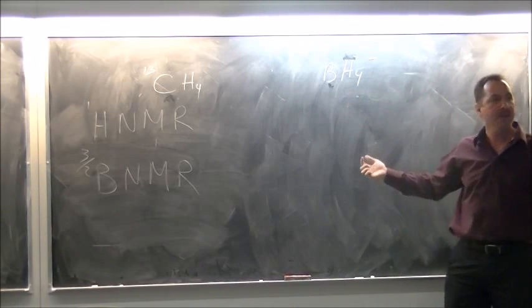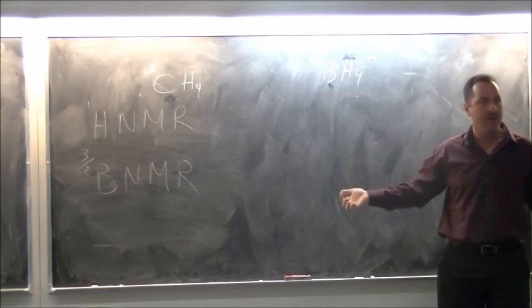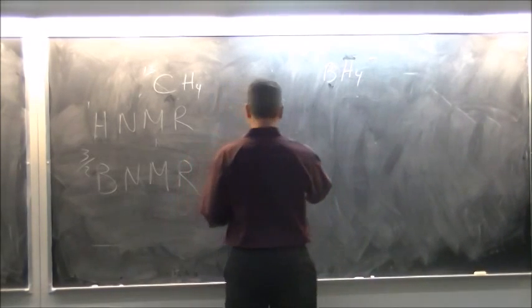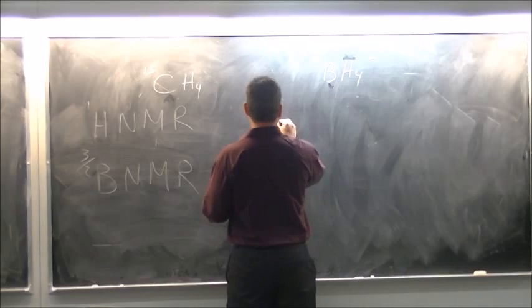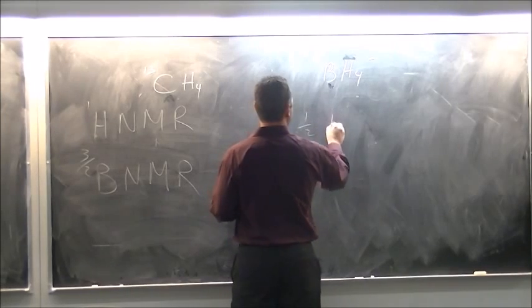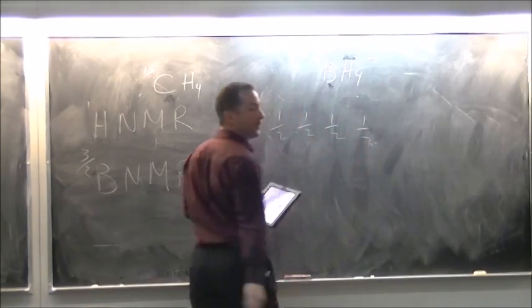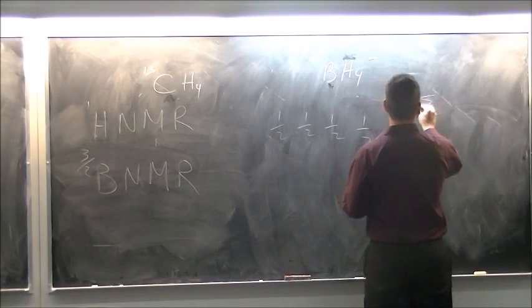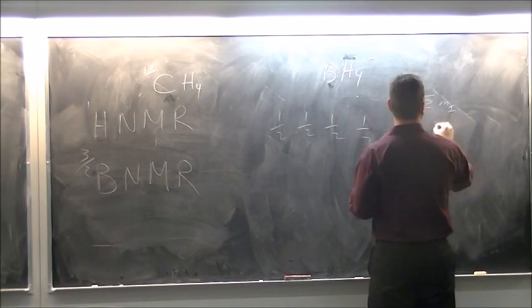So how many orientations are those hydrogens going to have? Well, I can have them all parallel. So they can all have 1/2 spins, right? The sigma mi there will be 2.